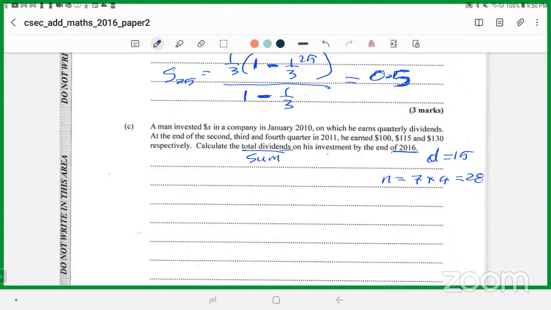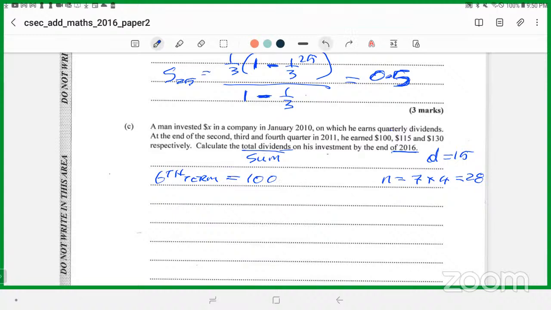What is the first term, a? We can find that because they gave us this value, for example. That's the 6th term. That's the second quarter in the second year. 4 quarters in the first year plus 2 quarters, that makes 6 quarters. So the 6th term is 100. We know that we're working in dollars, so I'm just going to write 100.